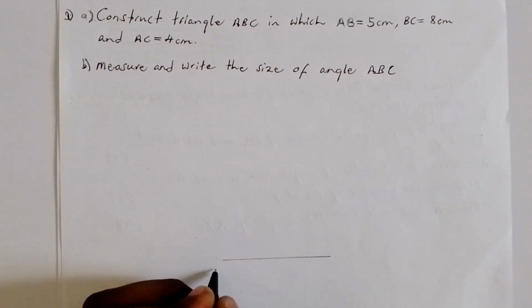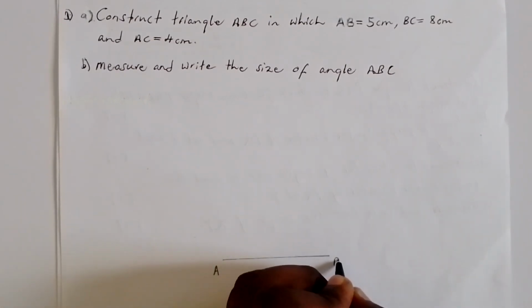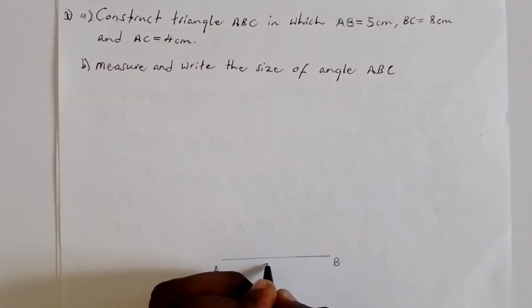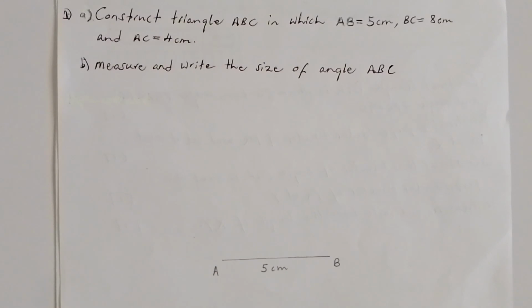We even record A, B, and even write 5 centimeters. And then we are told that BC is equal to 8 centimeters and AC 4 centimeters.